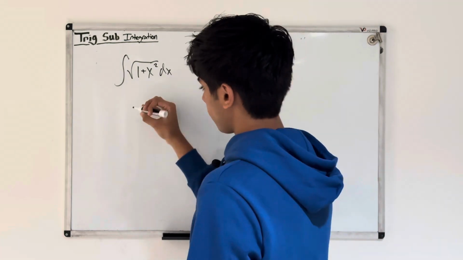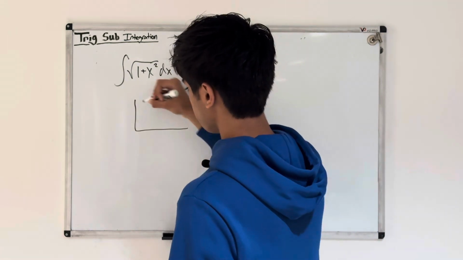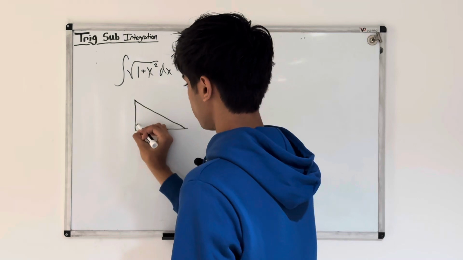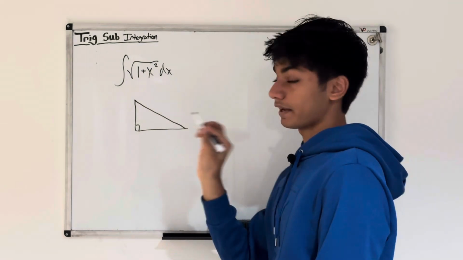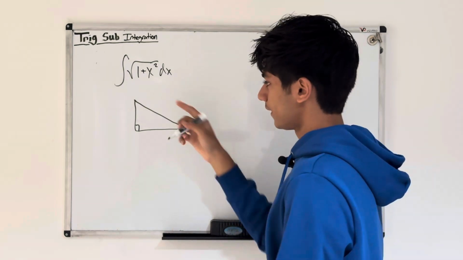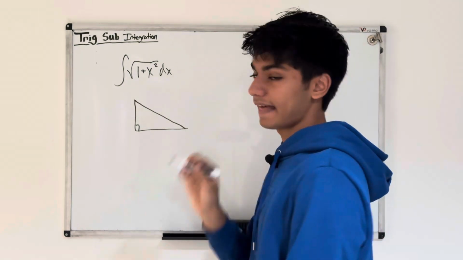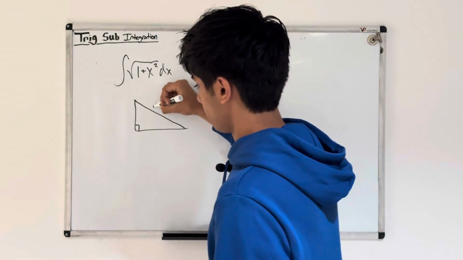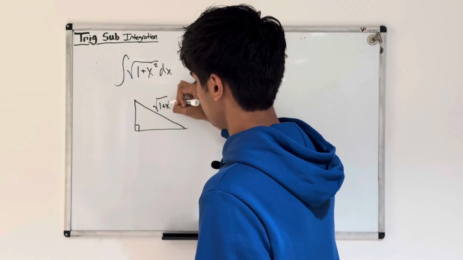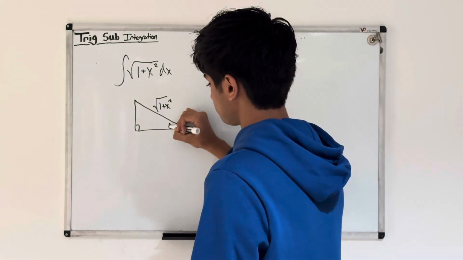So the first step is we want to draw a right triangle, and we're going to label our triangle based on this. We can see here the Pythagorean theorem, right? a squared plus b squared equals c squared. This part, square root of 1 plus x squared, has to be the hypotenuse, because again, this is a squared plus b squared. And let's label this angle here theta.